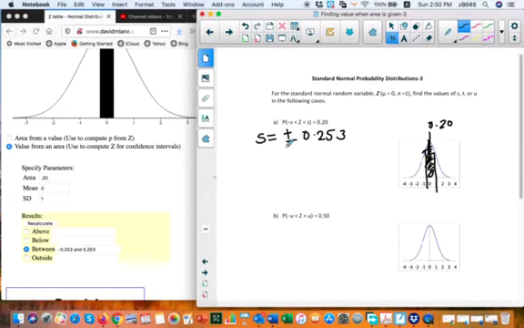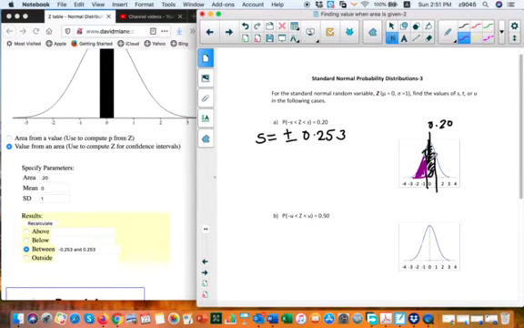If we want to do the same thing with the table, let's learn that method. Because we know that the table gives us values only for the left tail, we need to change this question into a left tail question. If I can find this area, then I can change the whole question to a left tail question.